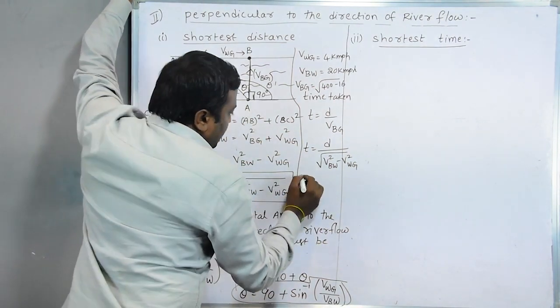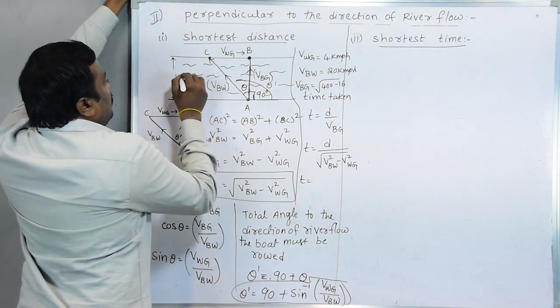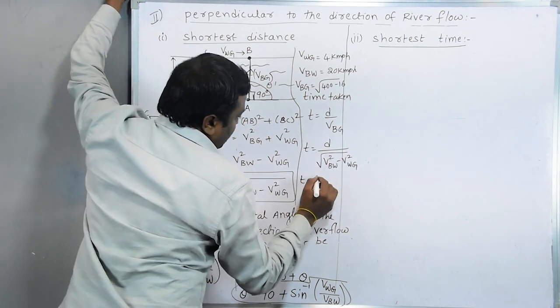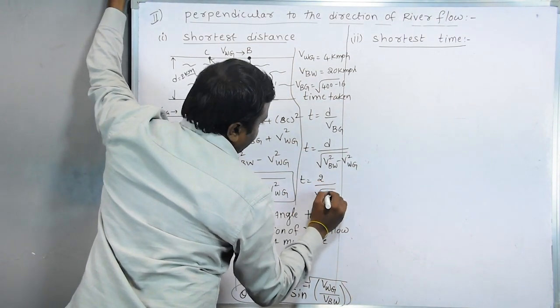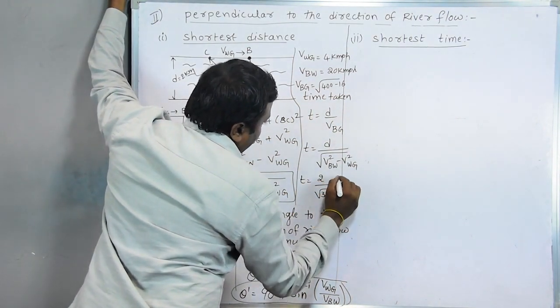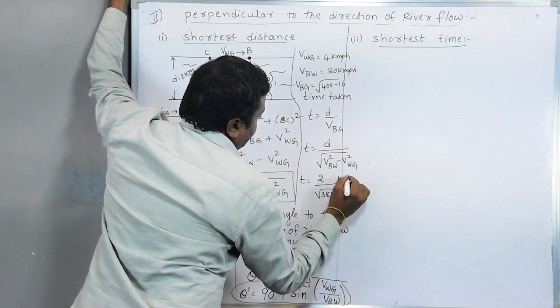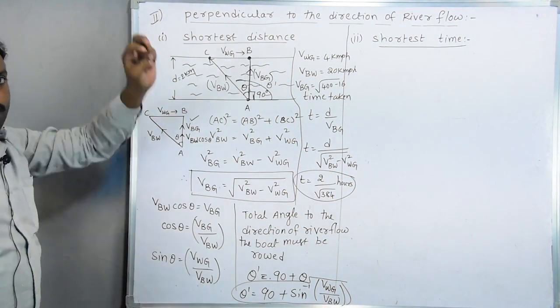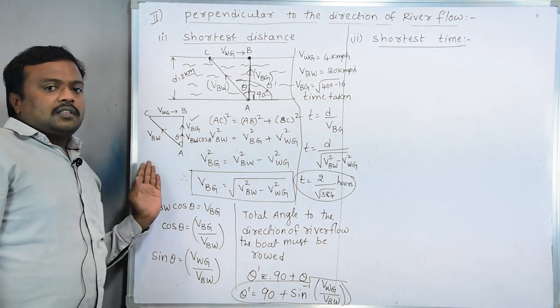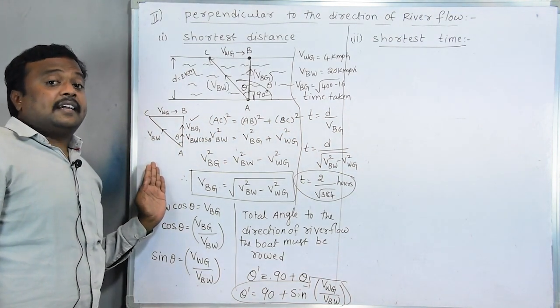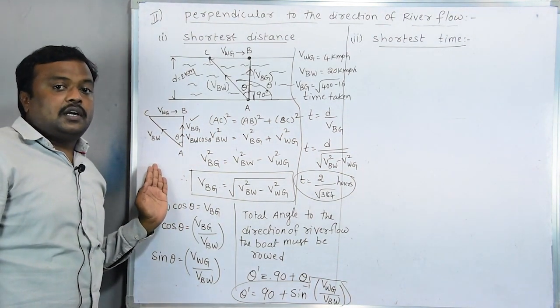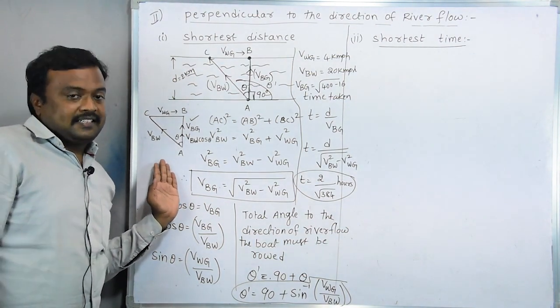That will be, suppose this length is some 2 kilometer, then 2 by root of 384 hours. Simple. This is the situation to reach the exact opposite point, which is called shortest distance.